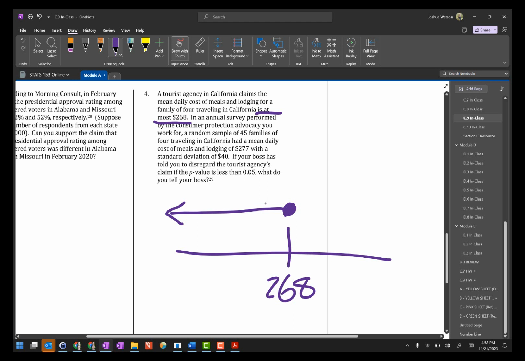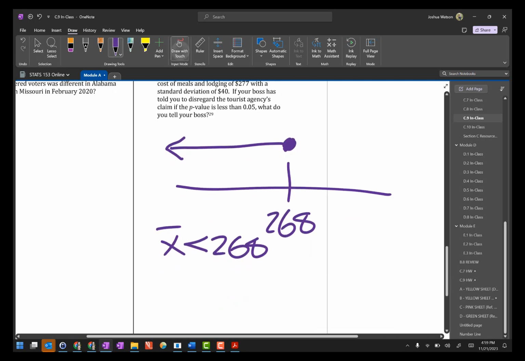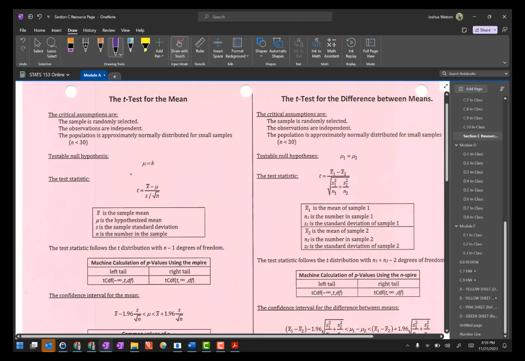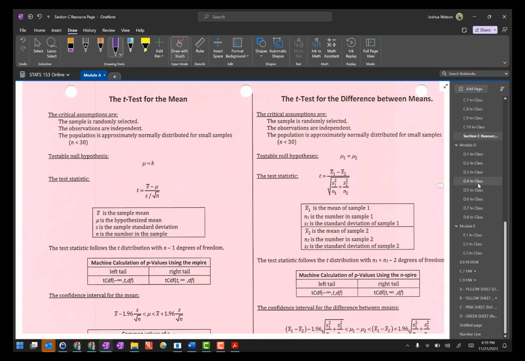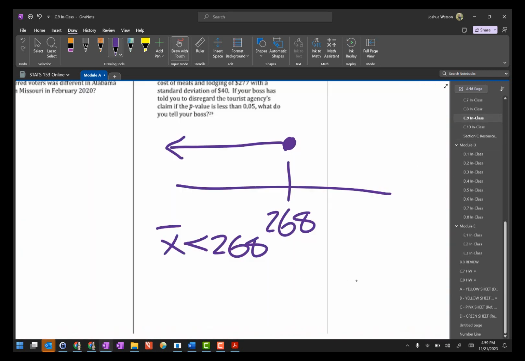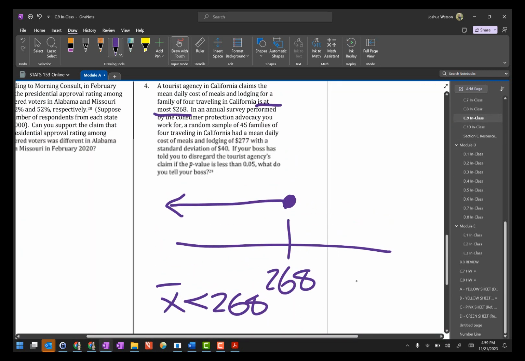So if we're to draw this, it's anything less than 268. So our mean, we can call it X bar, is less than 268. Right? And now that we know this is the case, when we draw our test statistics, we'll use the reference sheet to plug in the numbers and do our calculations right here. And then the question is the alternate hypothesis.